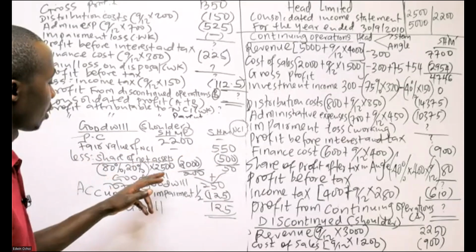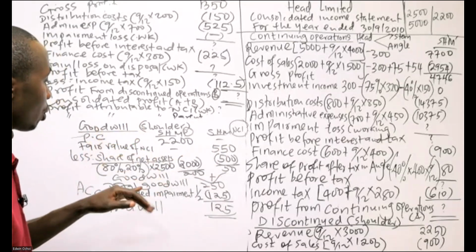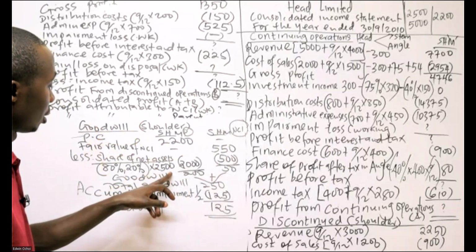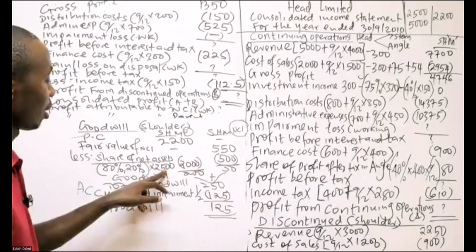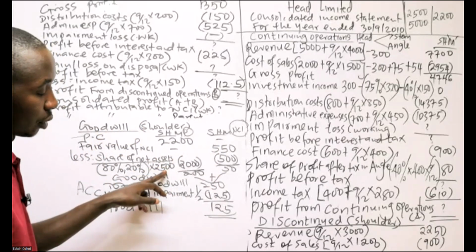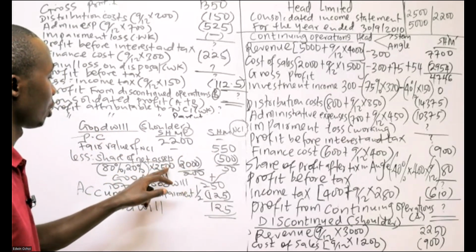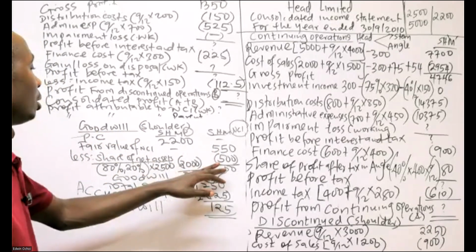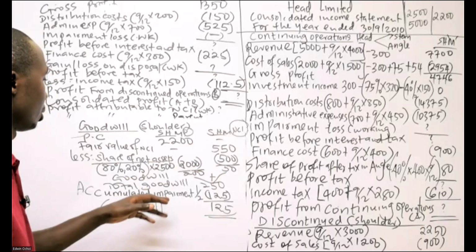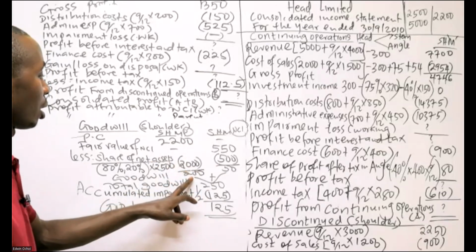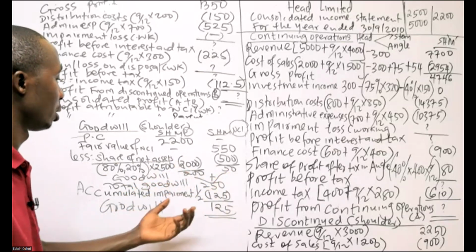The net assets already, we have a figure from the first working we did: 2,500. So 80% of 2,500 is 2,000 and 20% of 2,500 is 500. Once you do your summations, the goodwill of the parent is 200, that of NCI is 50. You sum them to get total goodwill.